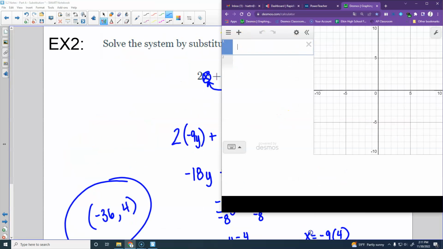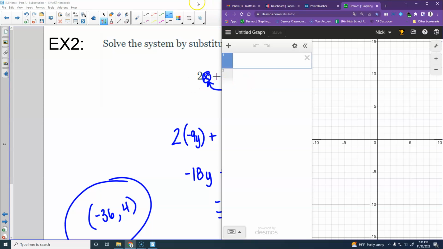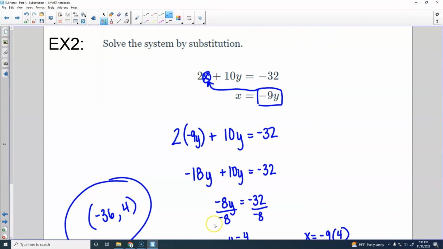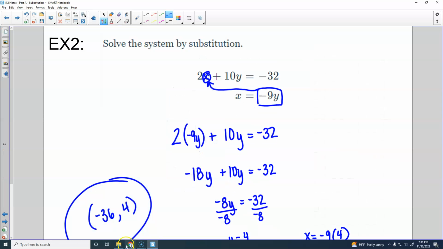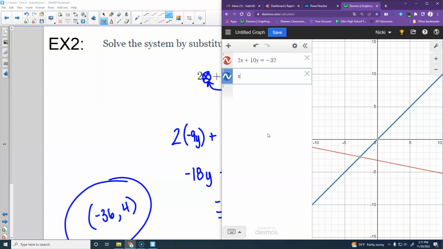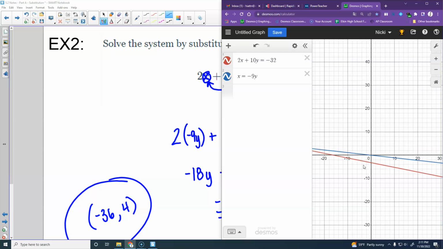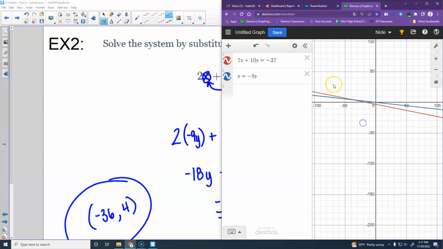I can graph 2x plus 10y equals negative 32, and my other one, x equals negative 9y. I can't really see where they cross, but if I zoom out, I can eventually see it. If I click right here, there's a gray dot where they cross, negative 36, 4. So if you see this on calculator active, graphing is the easiest way if you've got Desmos, because it'll do it really quickly.